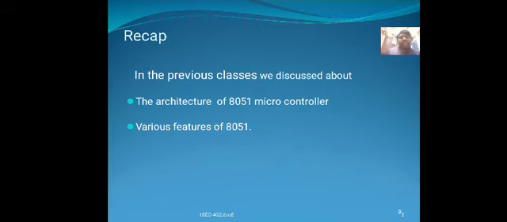These are the major blocks available in the 8051 microcontroller.